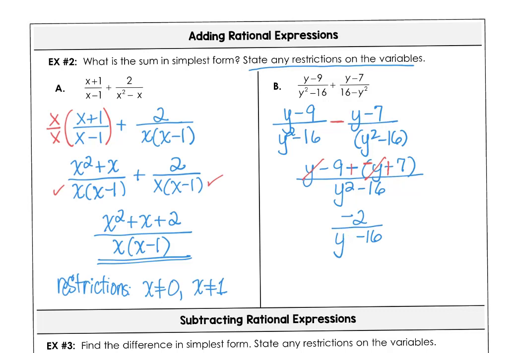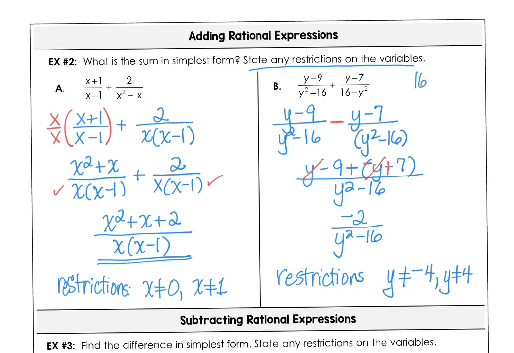Make that look a little nicer. So y squared. And then our restrictions, we're going to look back to the beginning. And our restrictions would be where y squared minus 16 is 0. That leaves us with y not being negative 4 and y not being positive 4.